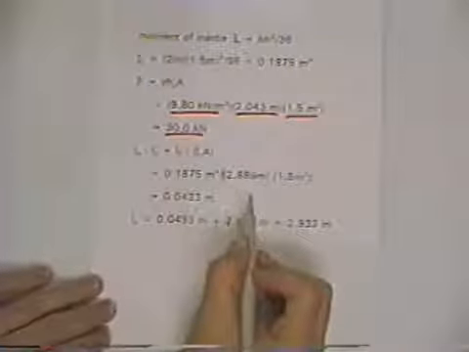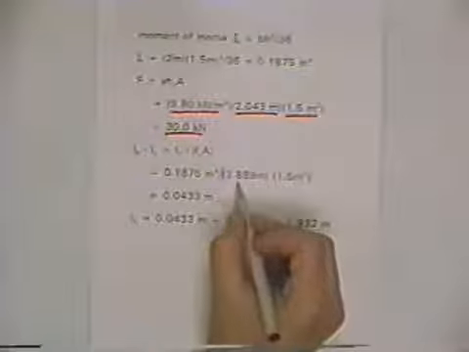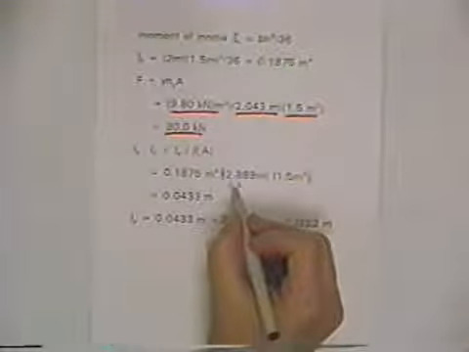Then we can use this formula that we've seen before to locate the force. We've got the distance along the incline from the water surface to the center of gravity, which we computed previously, and the area, which we've computed previously.